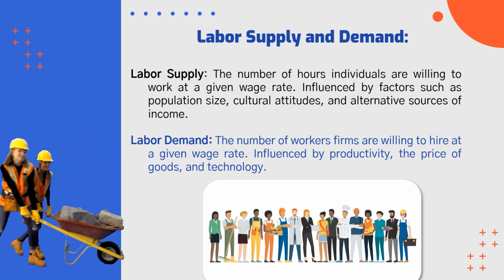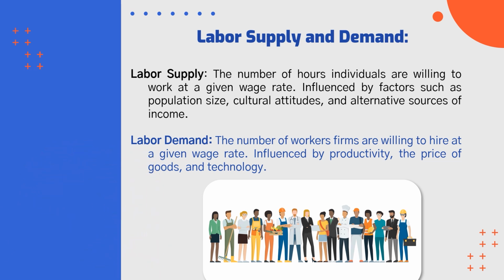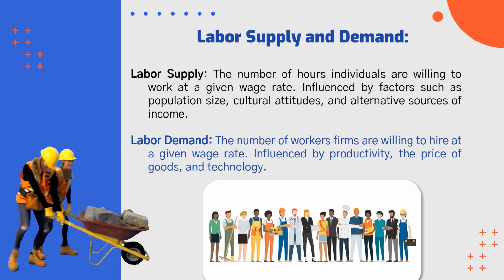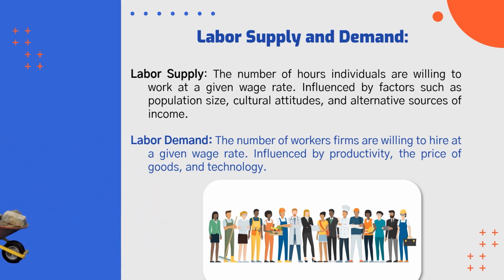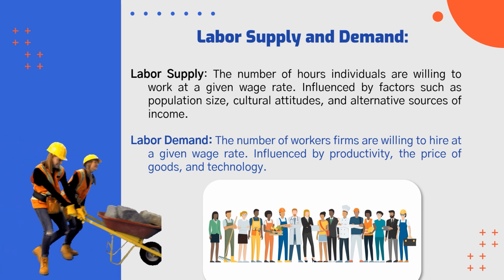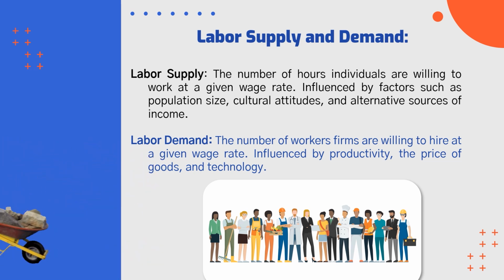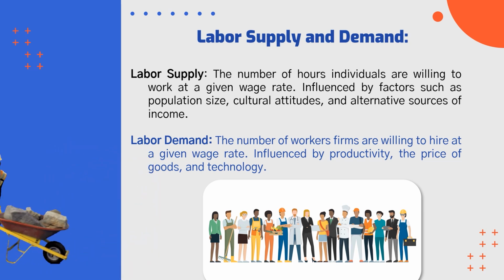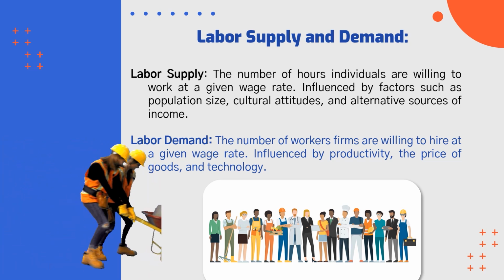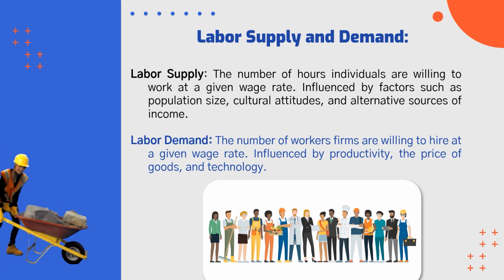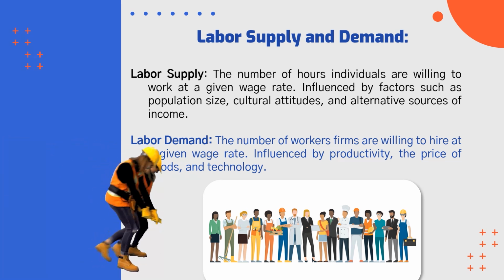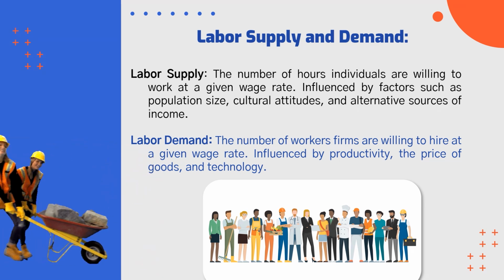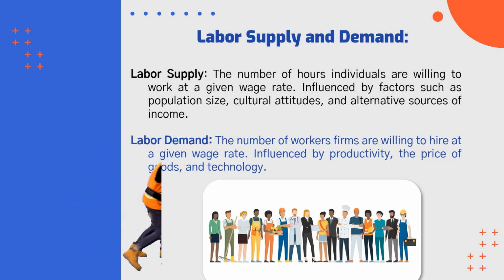On the supply side, individuals make decisions based on wages and alternative employment opportunities. If wages increase, more people will be willing to work extra hours or enter the labor force. Conversely, if wages are low, some individuals may choose alternative options such as further education or informal work. On the demand side, businesses determine how many workers they need based on several factors.